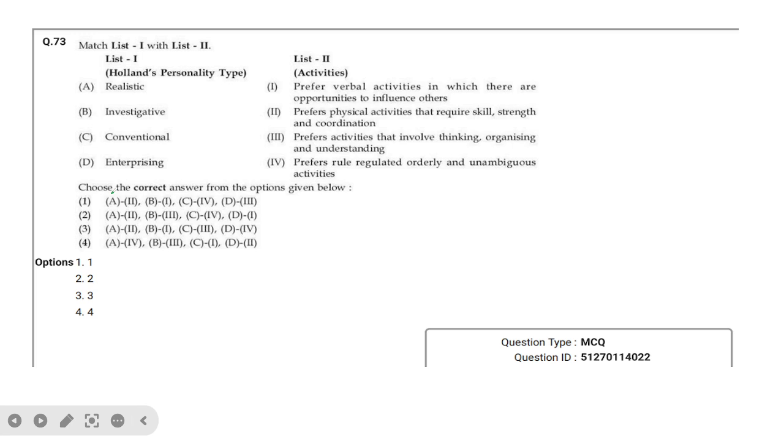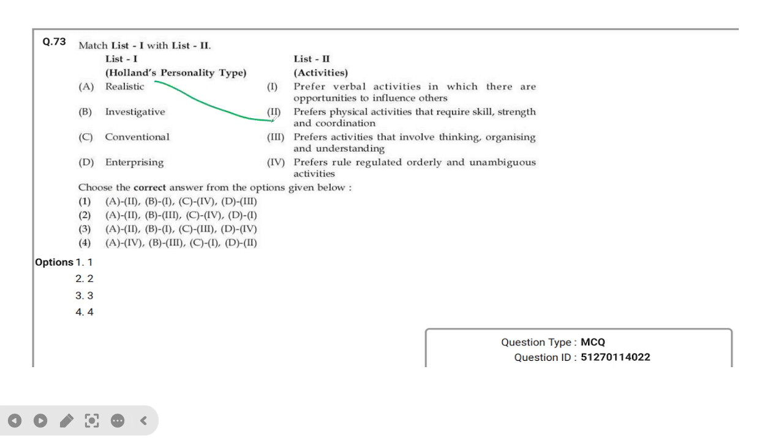Moving to question number 73. Match the list 1 with list 2. Holland's personality types with their activities: realistic, investigative, conventional, and enterprising. So realistic is prefers physical activities that require skill, strength, and coordination.